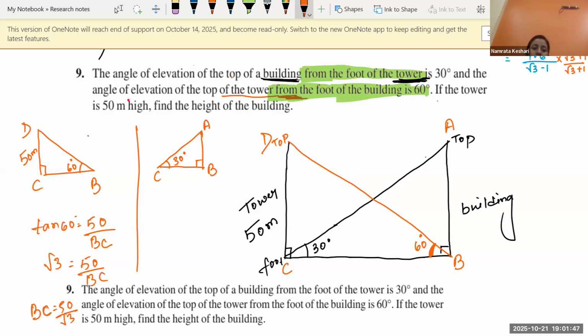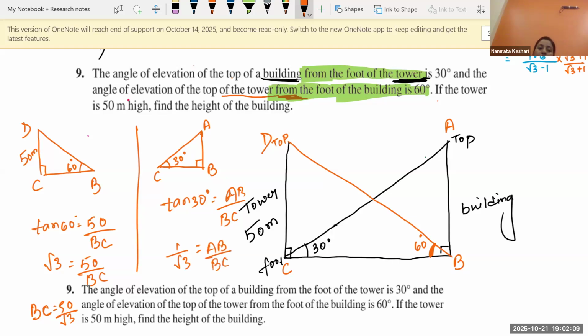Yes, ma'am. Okay, now in the other triangle ABC, we are supposed to find AB, and BC we will be using. So again tan 30 degree is AB by BC, that is 1 by root 3. AB you can substitute over here, BC you can substitute over here.